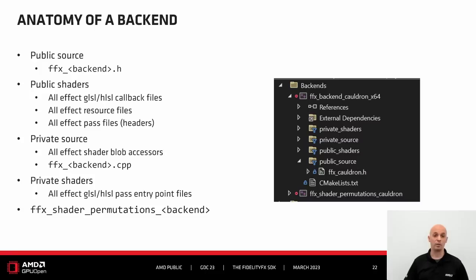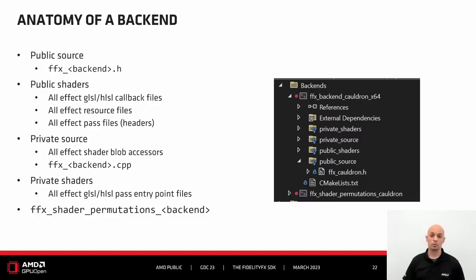This defines all the functions you need to call in order to set everything up to use an effect component. Public shaders has all shader language callback files. These are defined per effect for each shader language and serve as accessors to all effect resources and constant information. Public shaders also include all effect resource definition files and all effect pass implementation files in header format.